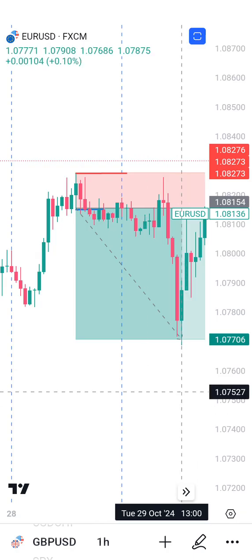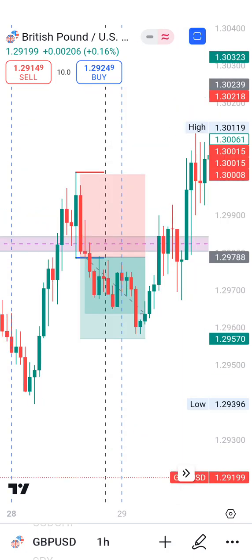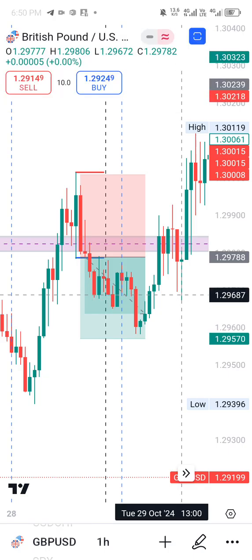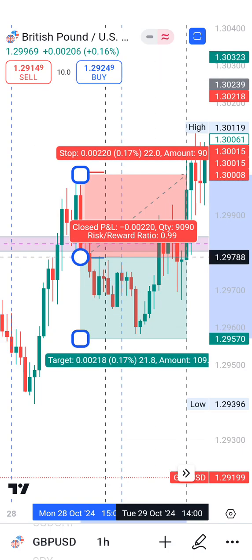So as at this point where it closed, now let's go to the Gbpusd. At the time where price hits the take profit on Euro USD, all right, let me show you.